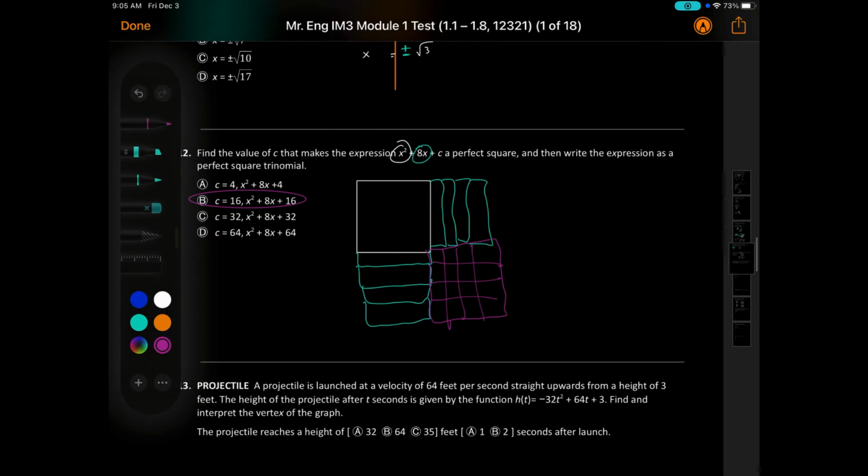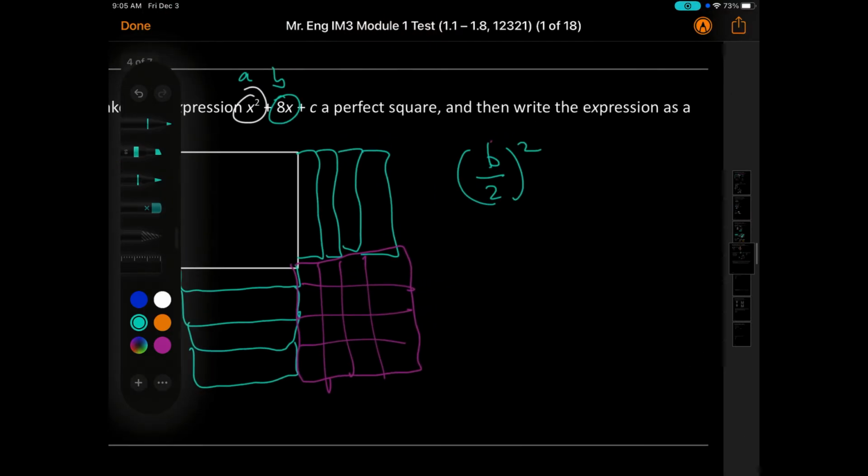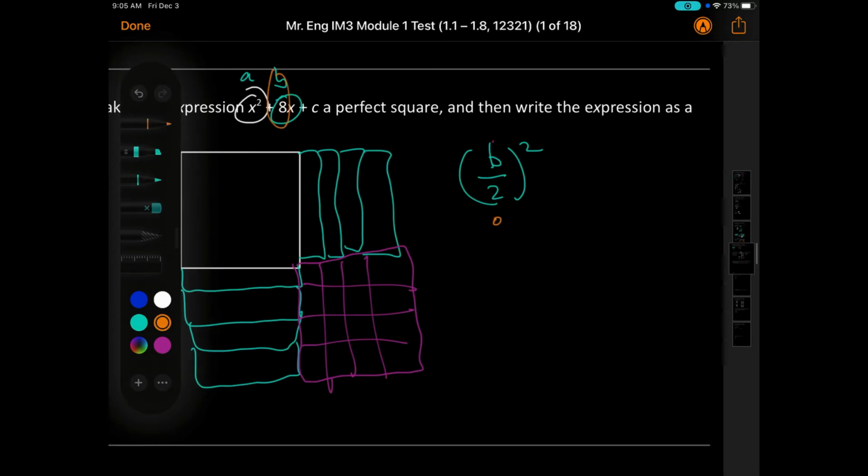Now there is a formula. Taking half the b value, what I just said, right? Let's do that color coded because you can kind of see that, which is kind of cool. The b value, which is in blue, you take half of that and you're going to square it. So there's your a and there's your b. My b value is 8, and half of 8 is 4.